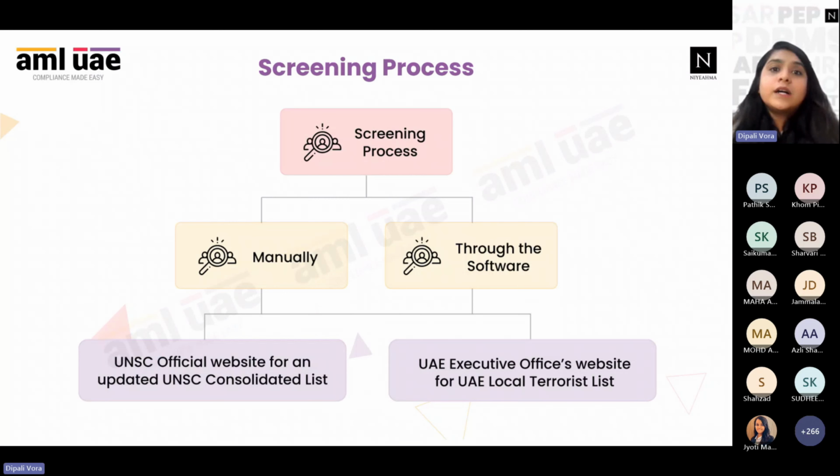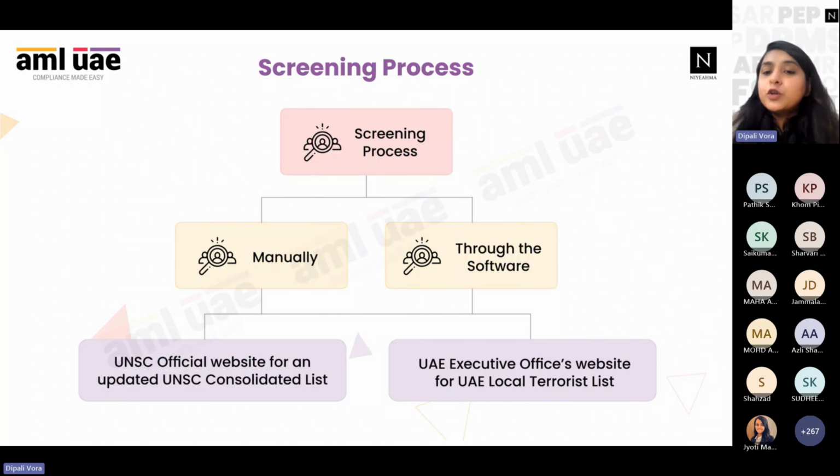Now, how will you conduct screening? Screening can be done in two possible ways, manually and through software. When screening manually, you have to go to the EOCN website, where you will find the UNSC consolidated list and UAE local terrorist list, where you can manually search your customer's name. That is how manual screening works.